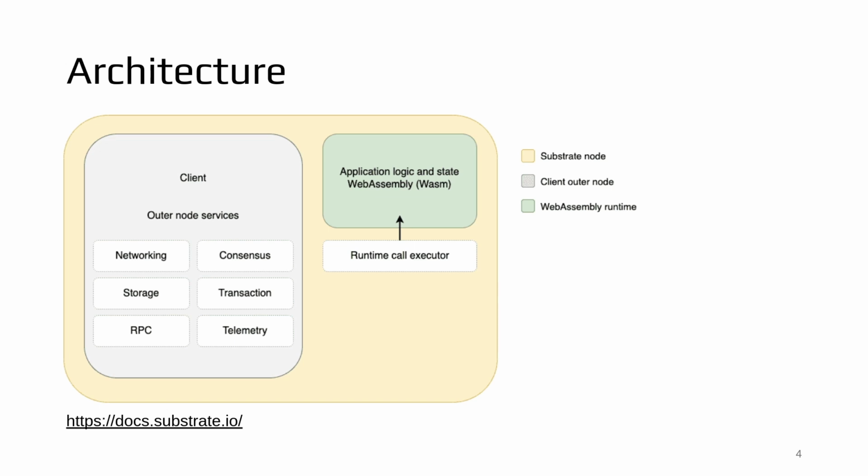The outer node is just responsible for any outside world interactions, so any networking queries, any RPC requests, storing stuff onto the database, consensus, all of that stuff is handled by the outer node, whereas the runtime is only concerned with handling on-chain interactions. So running any transactions is going to happen through the runtime.